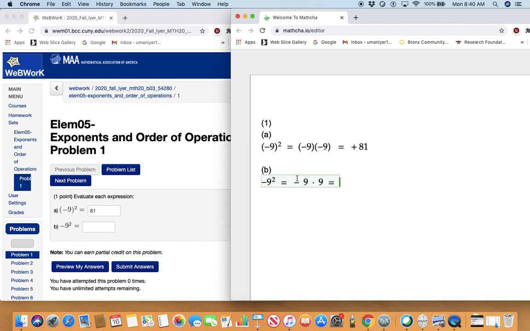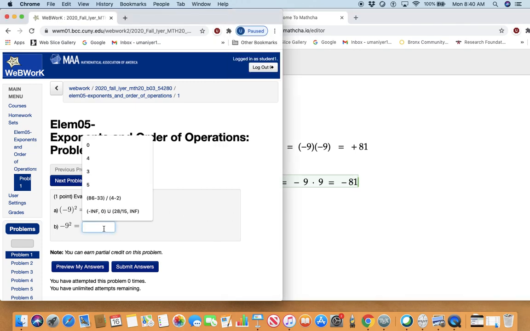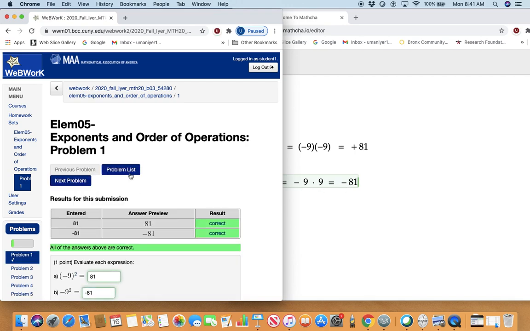So there is only one negative, and 9 times 9 is 81. So it's a negative 81. That's because in the previous case, the negative was inside the parenthesis, so the negative also repeated. In the second case, there was no parenthesis, so only 9 repeats and the negative stayed put. So you have one negative. Next question.